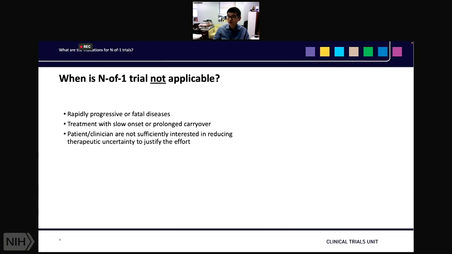Because as you can imagine, because of the crossover design and the regular measurements taken during the study, running an N-of-1 trial is much more labor intensive than, say, running an RCT, because of the frequent scheduling and then the switchover. So logistically, it can be a burden to both the patient and also the treating physician. So these are some of the conditions under which N-of-1 trials may not be feasible.